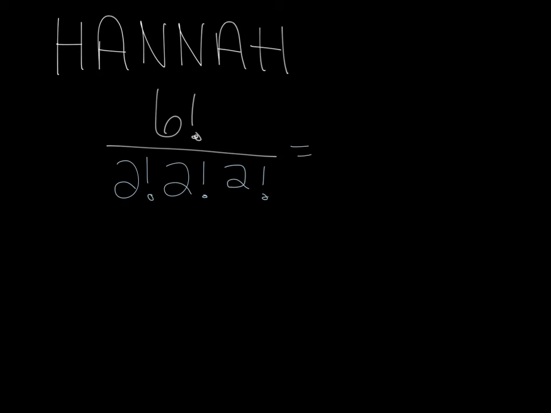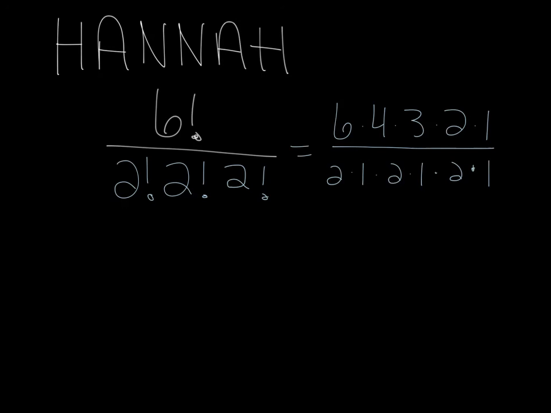So we do 6 times 5 times 4 times 3 times 2 times 1 over 2 times 1 times 2 times 1 times 2 times 1. You've probably figured out by now you don't have to write that 1 because it doesn't really affect anything since you're multiplying by 1. Now you look for things that cancel. These are gone.